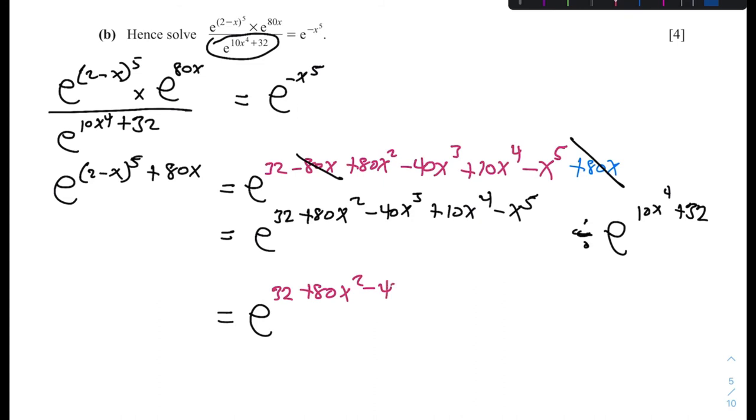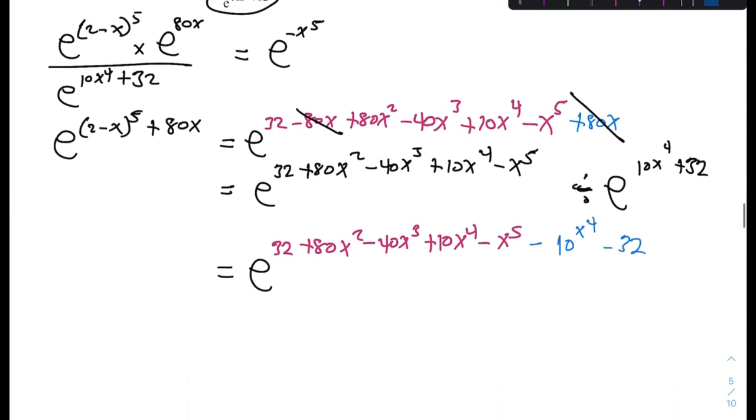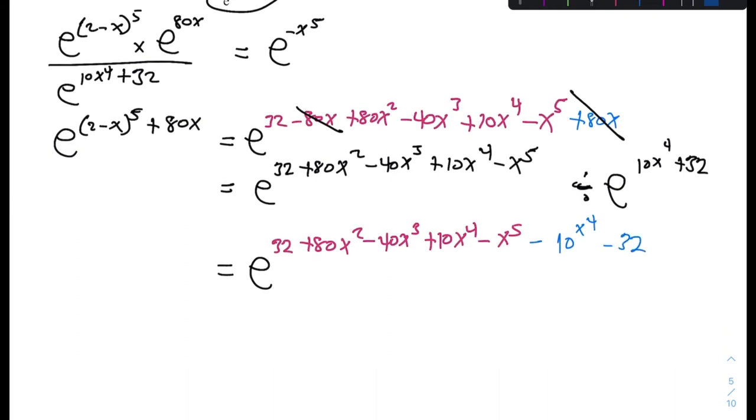All right, we will subtract on the value on our right hand side. And now open your eyes here. This and that will get rid of themselves, and the 32 here will get rid of the 32 there. That means we are left with this.